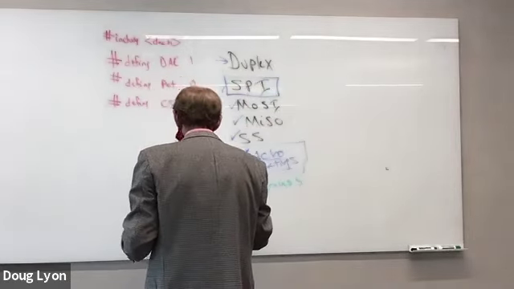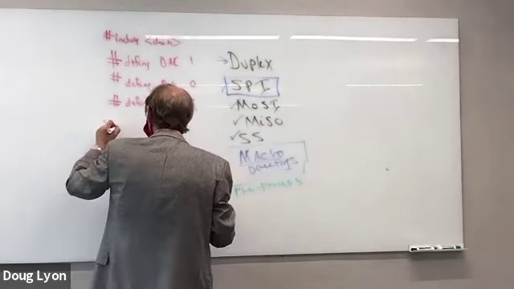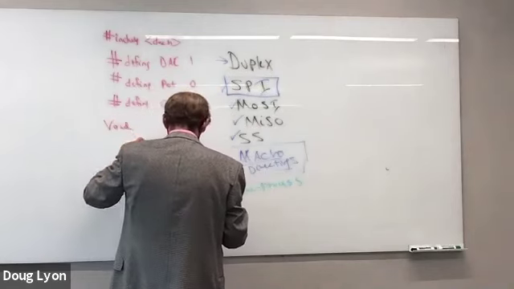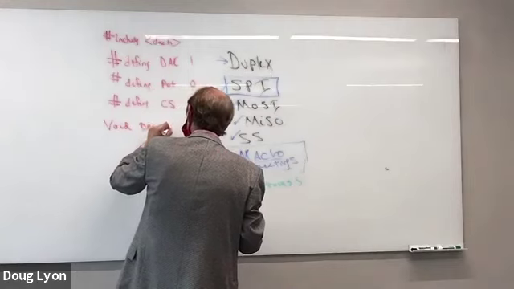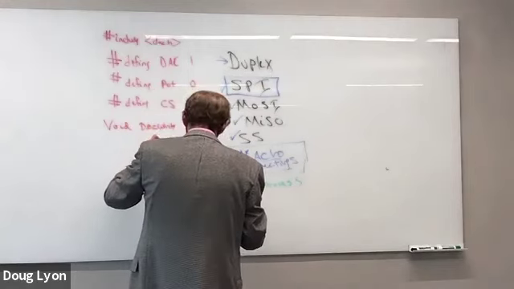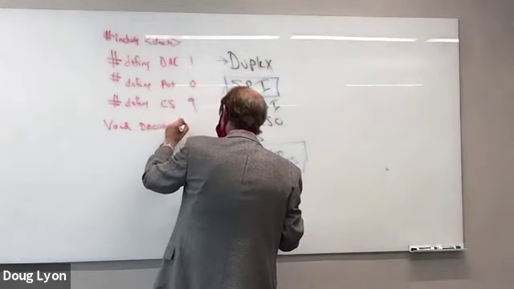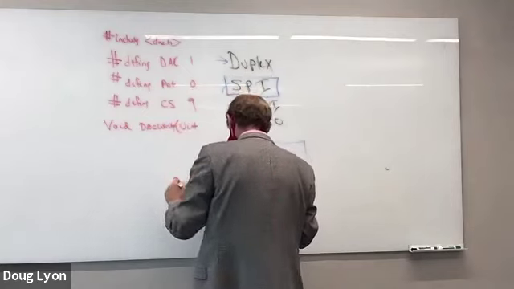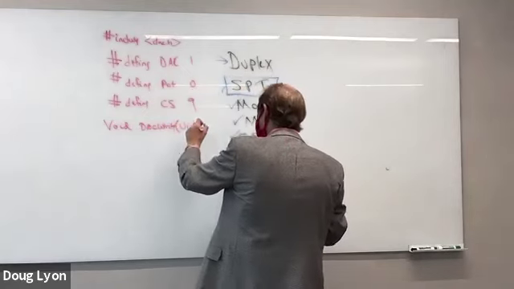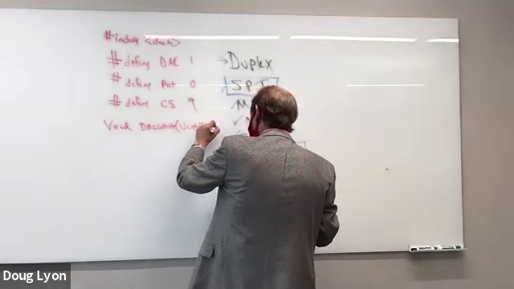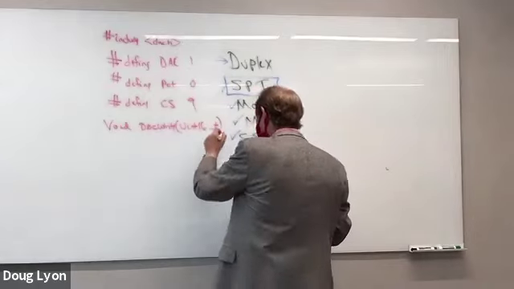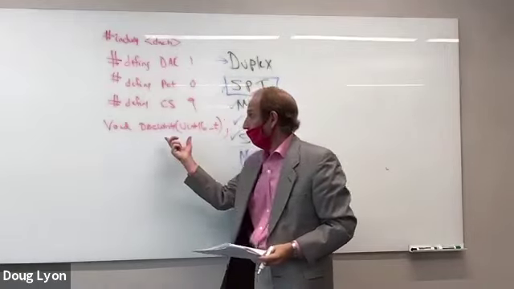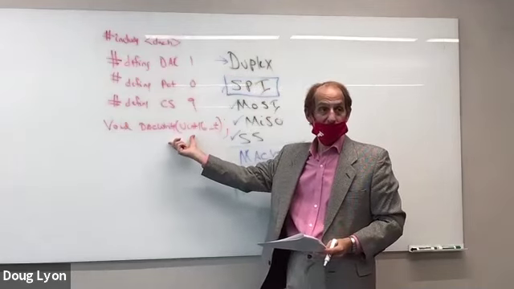And most importantly, void DAC, right, unsigned integer, uint16_t, 16-bit unsigned integer, semicolon. I haven't told you how this was implemented.